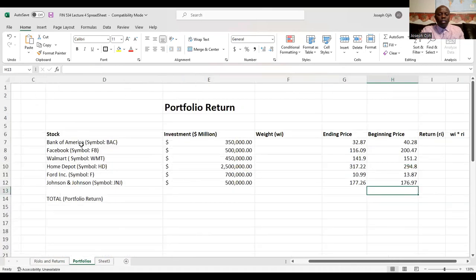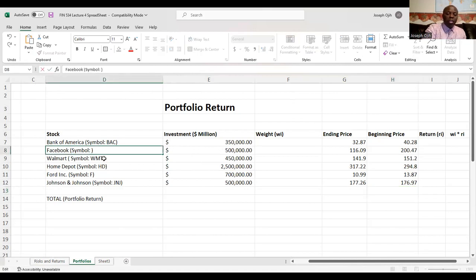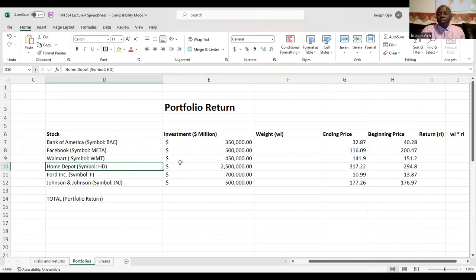You can see this is Bank of America. You are invested $350,000. Facebook, whose symbol is Meta. Remember, Facebook has changed the name to Meta. I'll call it a holding company. Anyway, 500,000. Then Walmart is $450,000. Home Depot, $2,500,000.